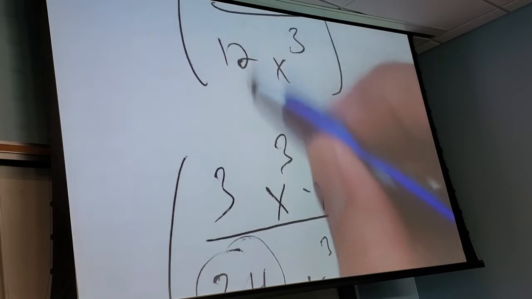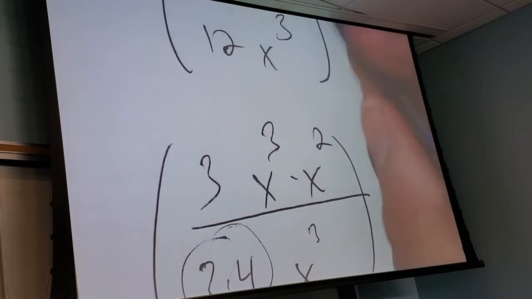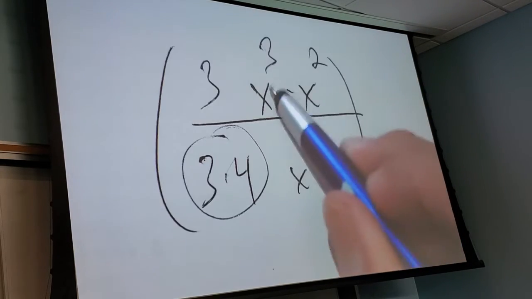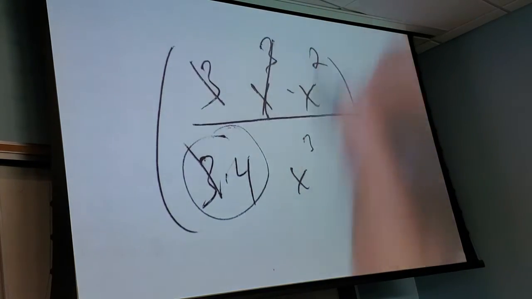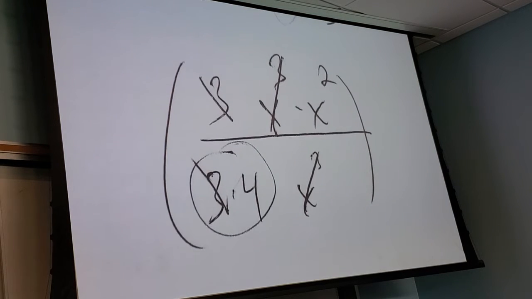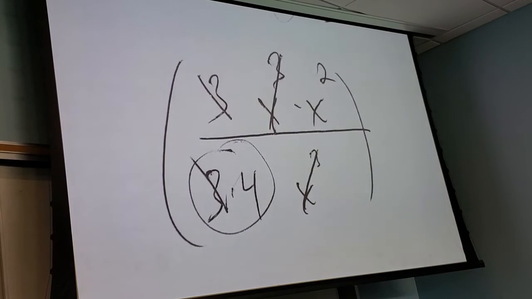So you can eliminate three. Because I have a 3 up top. So of course I want to find a 3 in it, right? And up here, I got 3 x's, so why not break that top one up into 3 x's and 2? So what happens? That 3 cancels the same way that 3 x's cancel, right? So I know I subtract powers when I divide because I'm losing that many of that thing.